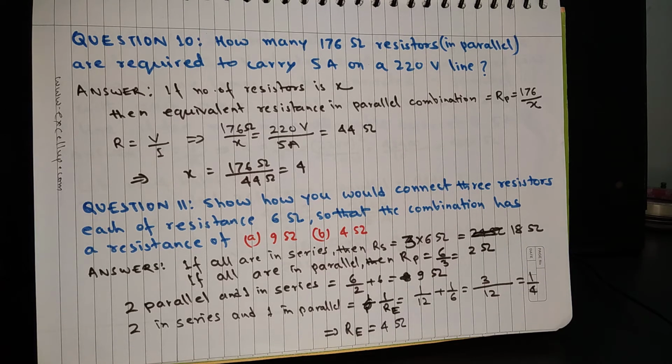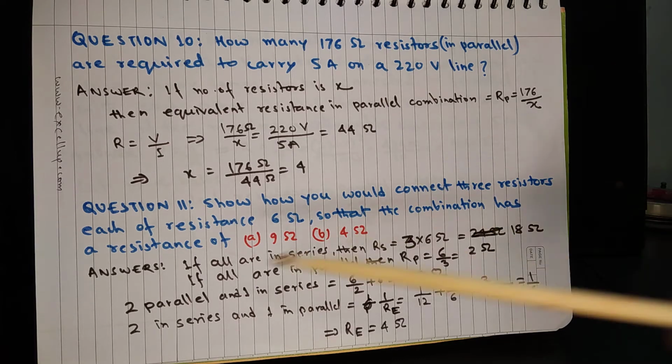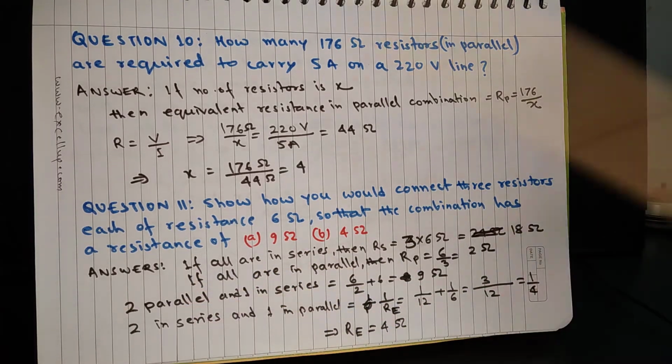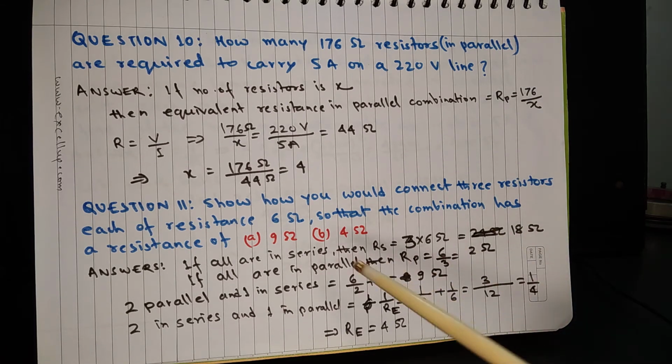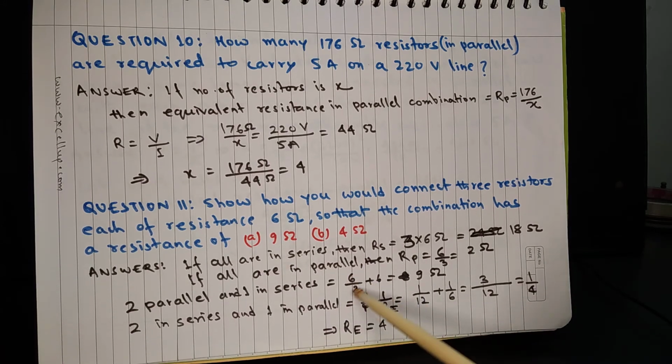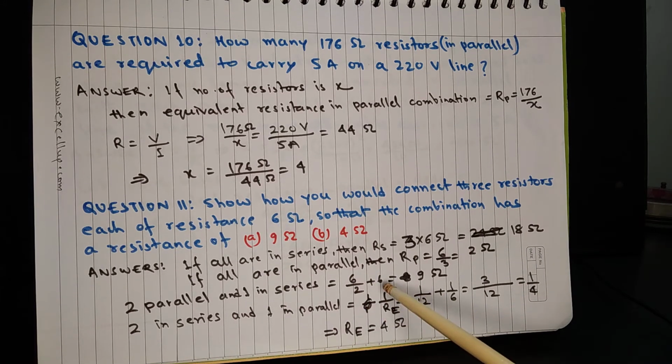Now let us say 2 resistors are connected in parallel and the third resistor is connected in series with this combination. For the parallel combination, the equivalent resistance is 6 upon 2, and in series with this it will be 6 upon 2 plus 6 is equal to 9 ohm.